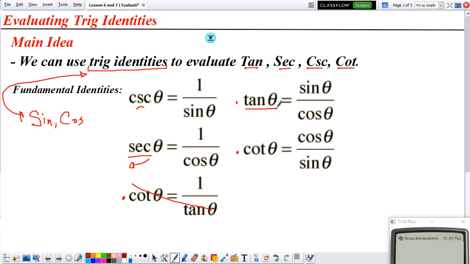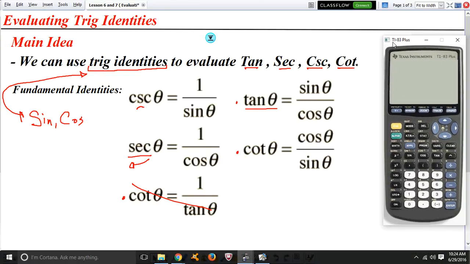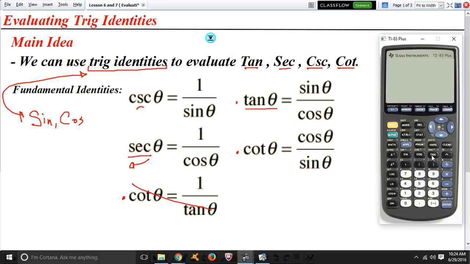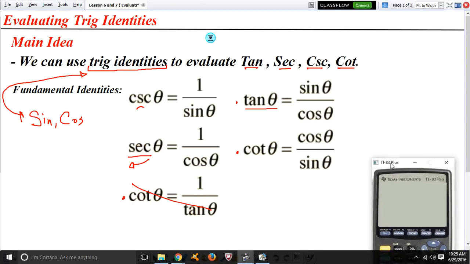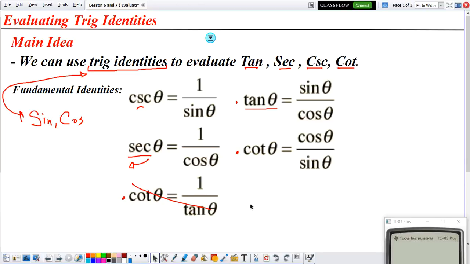Tangent, if you just memorize, is sine over cosine. Tangent is equal to sine divided by cosine, and cotangent is just tangent flipped. If tangent is sine over cosine, then cotangent is cosine over sine. It's just some little hints that help me whenever I'm trying to remember those trig identities.